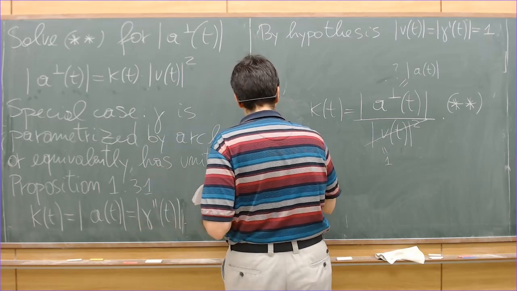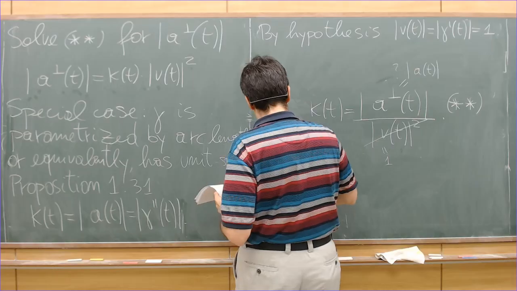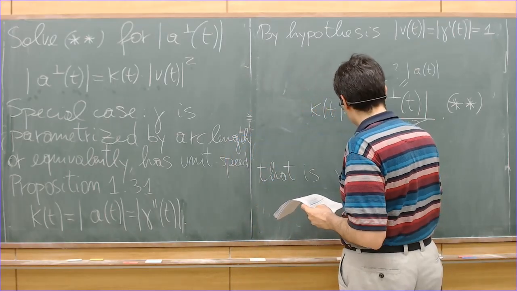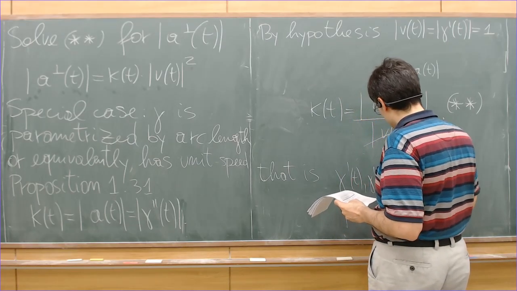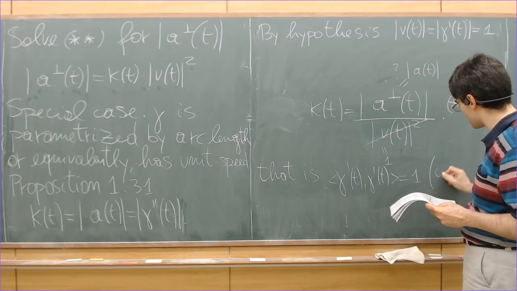That is, gamma prime of t multiplied by itself is 1, that is a constant.